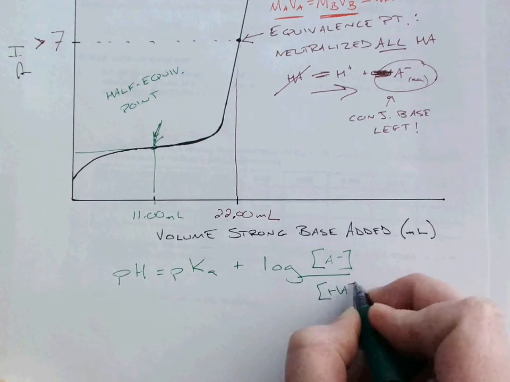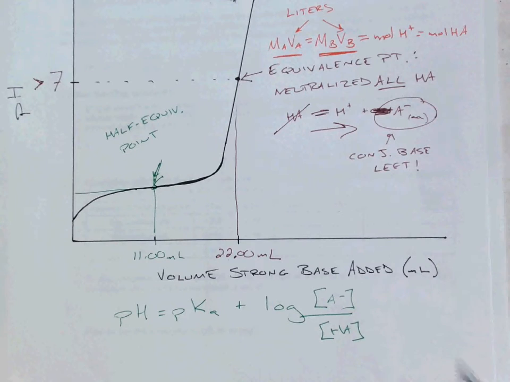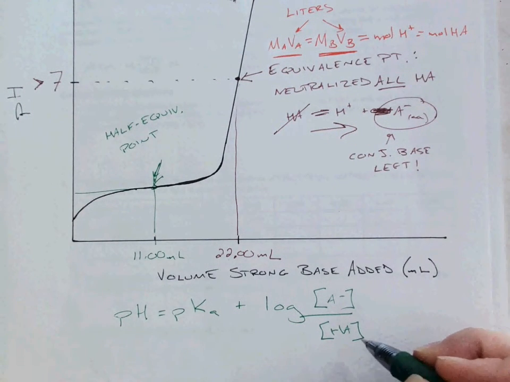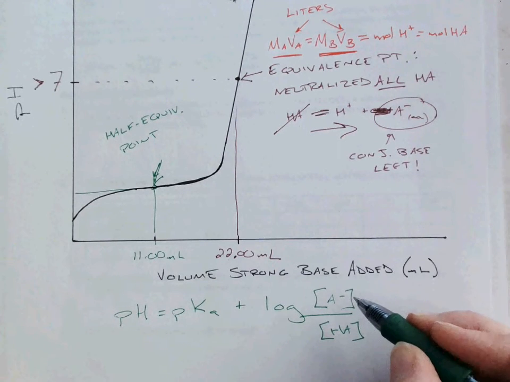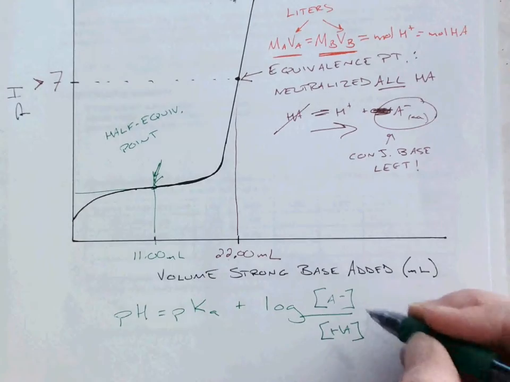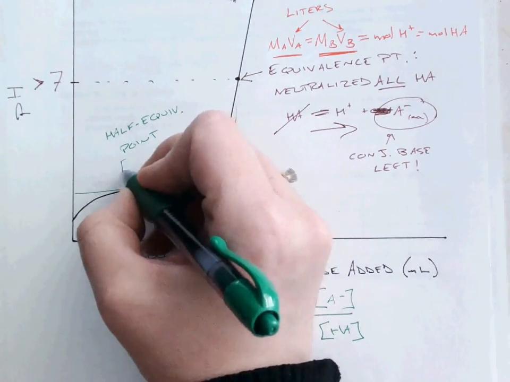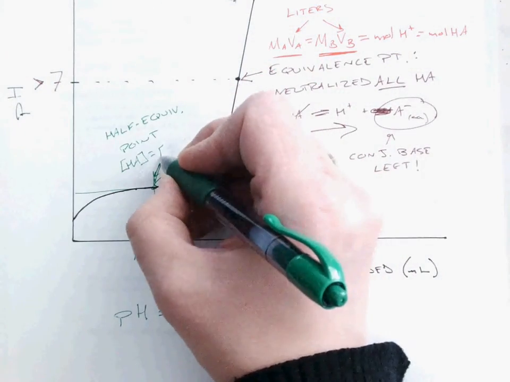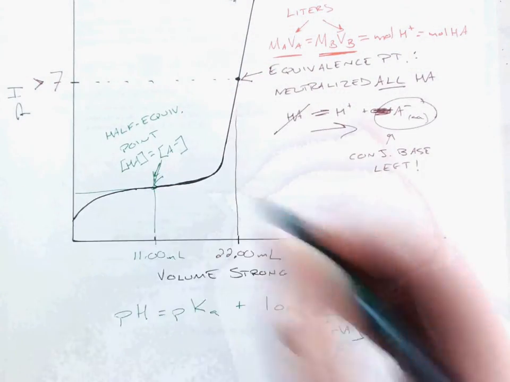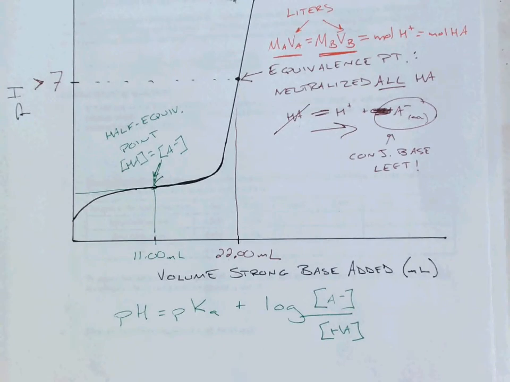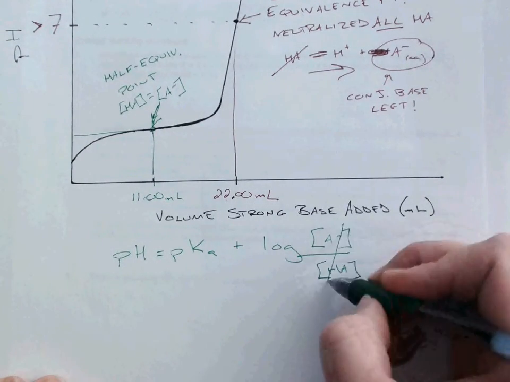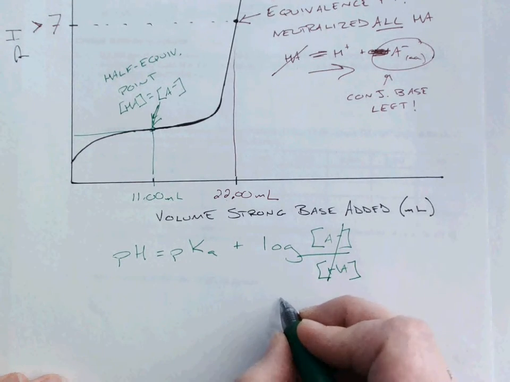What is true at the half equivalence point is that however much acid you have, half of it has been neutralized. When you neutralize half of it, it shows up as conjugate base. So whatever this is, it equals that. Your molarity of your original weak acid at this point will equal the molarity of the conjugate base that comes out of that equilibrium. Only at the half equivalence point will this fraction equal 1.